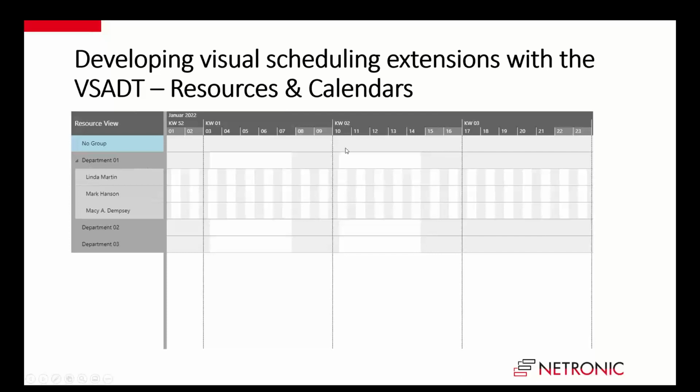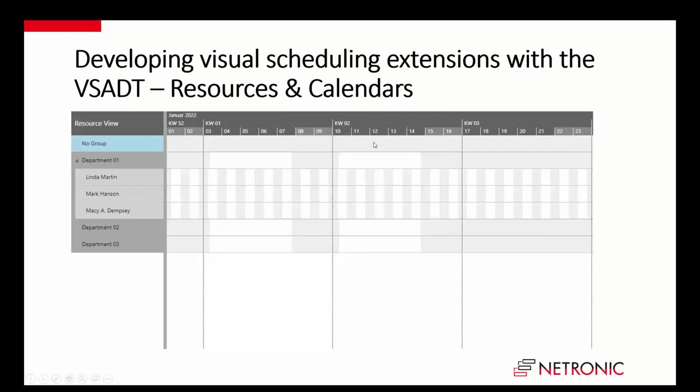And on the right side in the diagram area, you can see the white and gray areas. These represent the calendar information. So a resource needs calendar information so that there's working time. Initially, if you don't define a calendar, like on the no group, the complete line is gray.